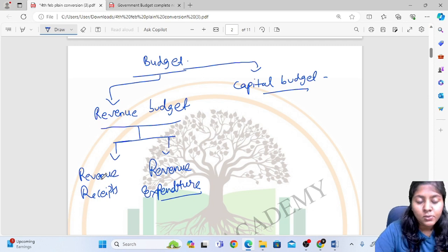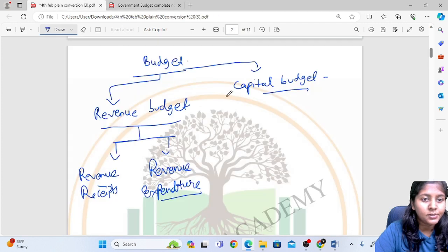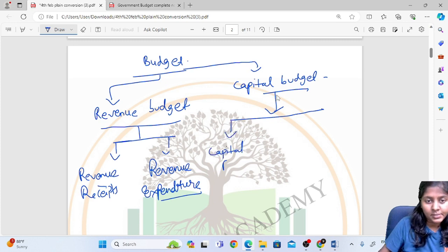Revenue budget includes these two, revenue receipts and revenue expenditure. Then capital budget includes capital receipts and capital expenditure. This we have seen in the previous class.